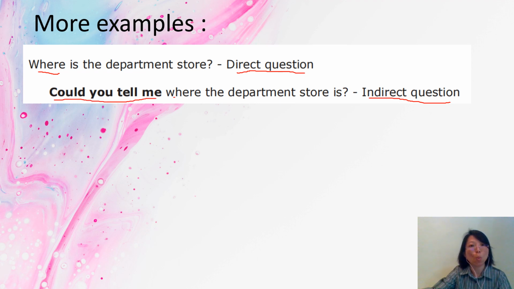Then you write where the department store is. So the word is here, you put it as the last word in the question. So the indirect question will become, could you tell me where the department store is?